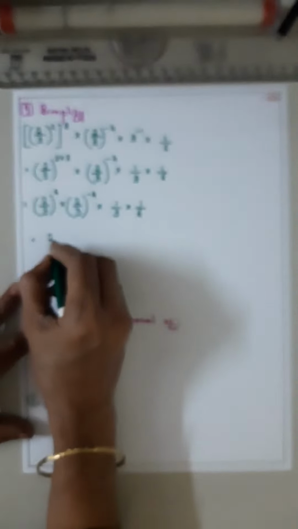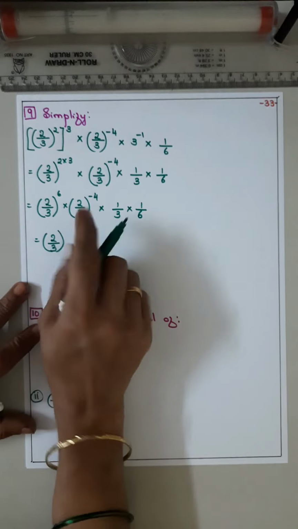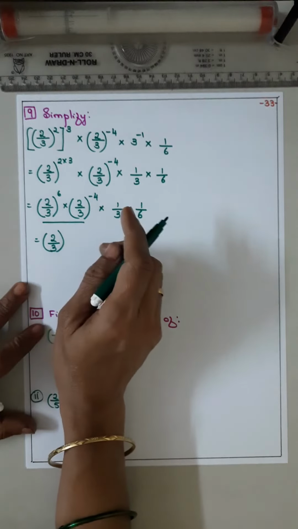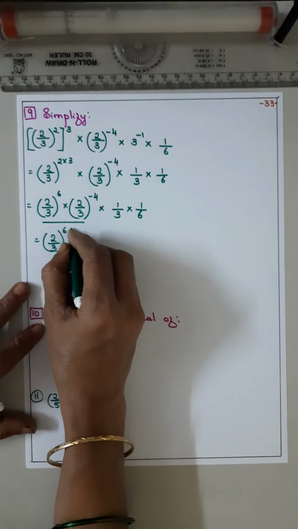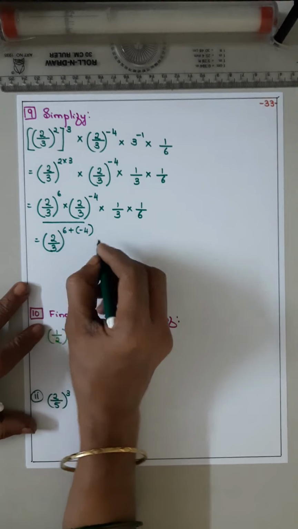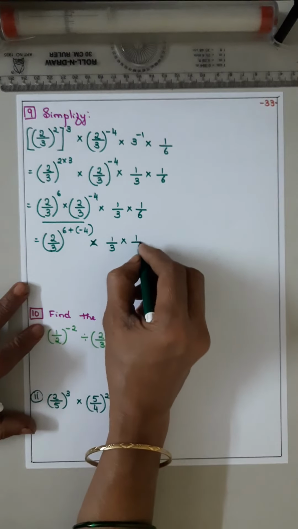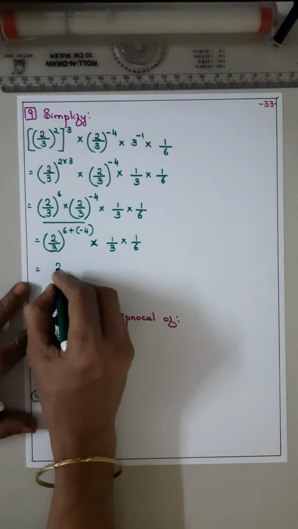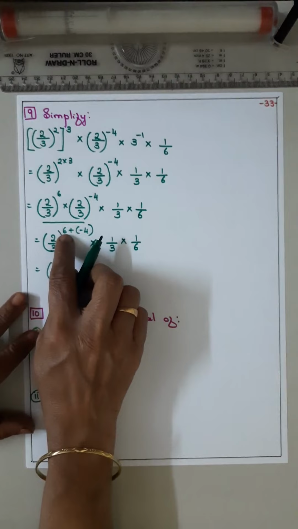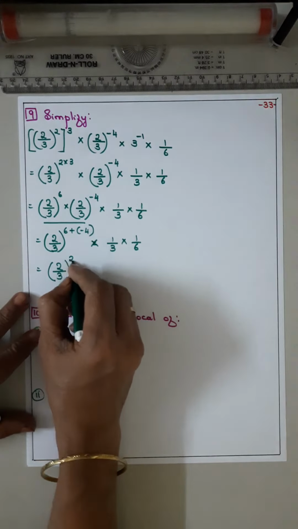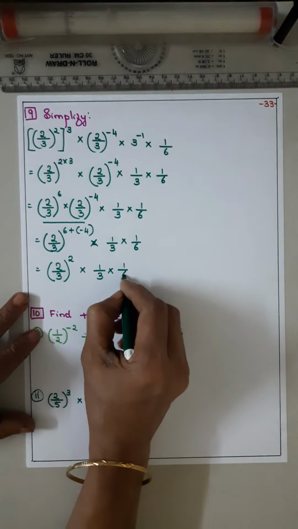So it became 2 by 3. What is the rule? When bases are the same, you have to add the powers. So adding 6 plus minus 4 into 1 by 3, 1 by 6, it became 2 by 3 the whole raised to, how much came? 6 minus 4 is 2, 1 by 3, 1 by 6.